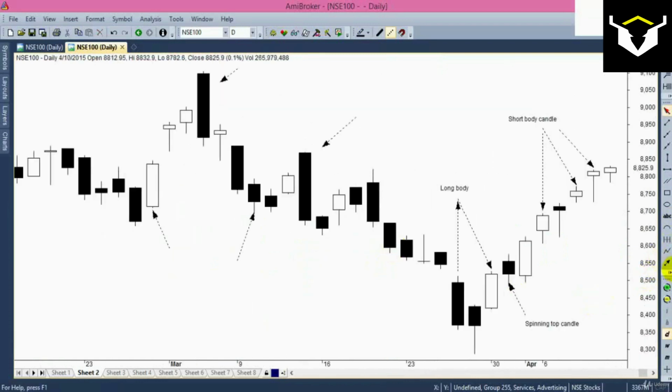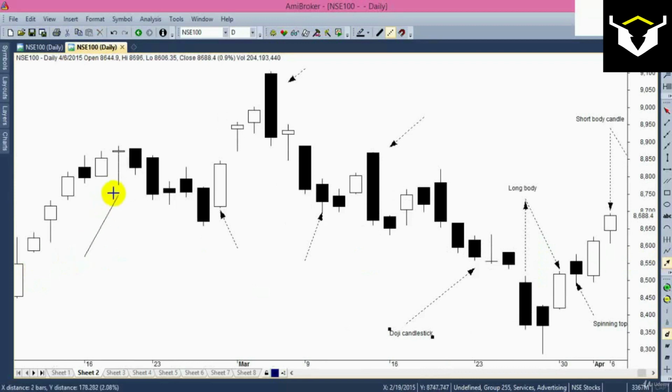Now, one of the most important candle patterns, which suggests extreme indecision on the part of traders, is the doji candlestick. You can see here this is one of the best examples of doji candlesticks. The market kept on falling, then it took a pause, creating a doji candlestick, suggesting that traders are not sure in which direction to go, and on the next day prices continue to fall. So this one can be identified as a doji candlestick also.